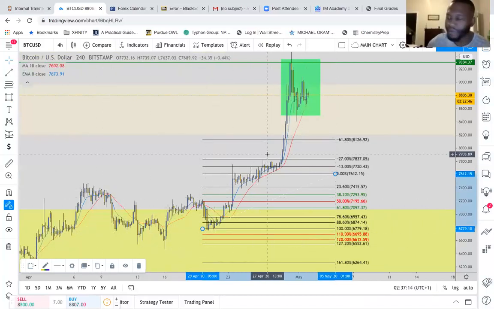Where did we get a retracement from? Look at the levels: 0%, 23.6, 38.2, 50%, 61.8, 78.6. Where did it retrace to? You're looking at it. 78.